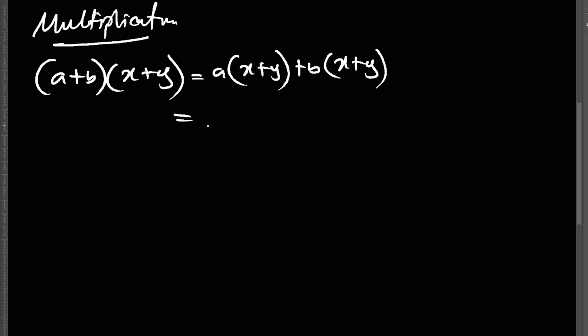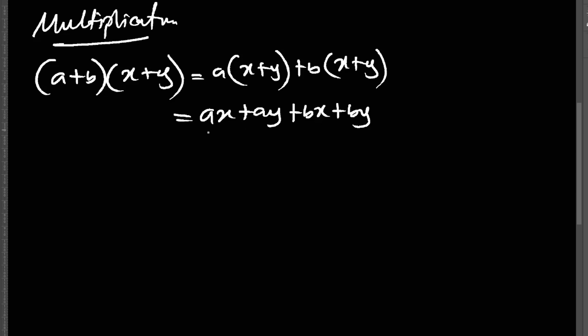A times x will give you ax, and a times y will be plus ay. Then what you're going to do next is distribute b over this same polynomial. B times x will be plus bx, and b times y will give us plus by.